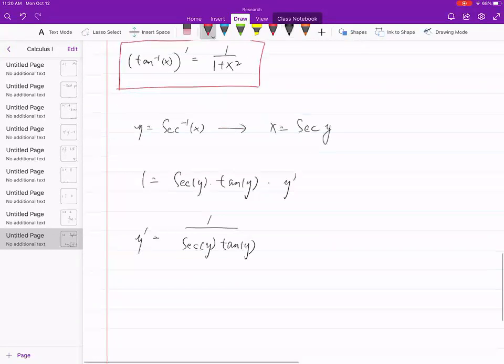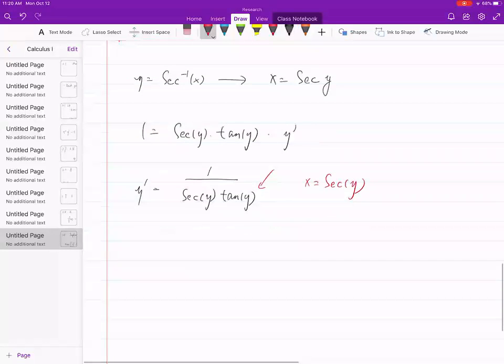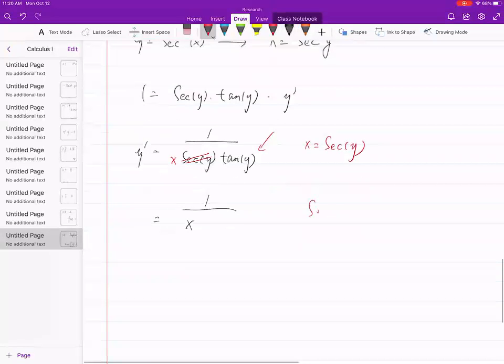Again, you want to change it to be in terms of x. Of course, this is already x. Now you want to change tangent to be in terms of secant. Before, we knew how to change secant in terms of tangent by this trig identity.